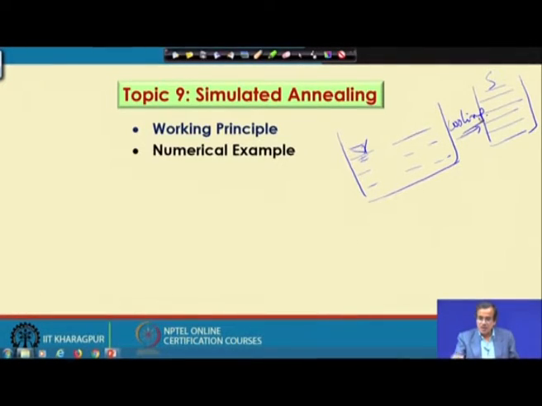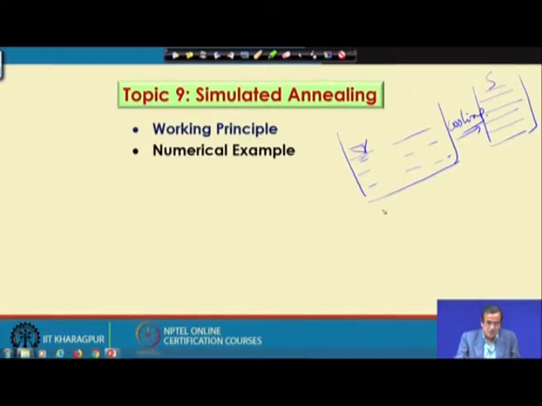Now, if I go for fast cooling, for steel there is a possibility that you will get some polycrystalline state, and if I go for slow cooling, you will get the single crystal. If I compare the energy level of the polycrystalline state and that of the single crystal, the single crystal is at a lower energy level, and that is why we go for slow cooling.